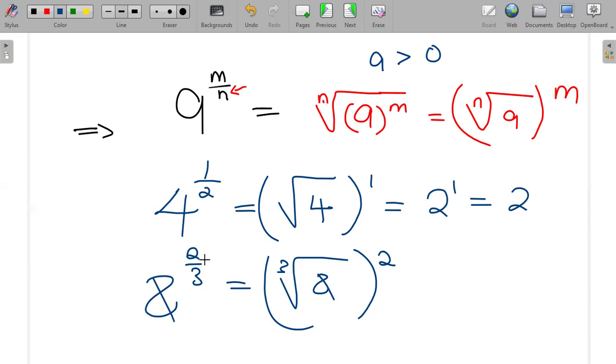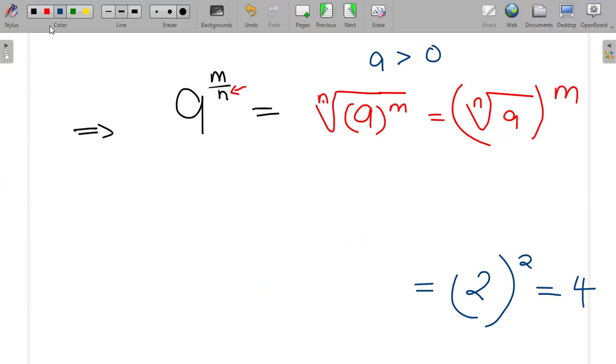The cube root simply means what number can I multiply by itself 3 times to get this 8? That number is just 2. That is the cube root of 8, and then to the power 2. So the answer here will just be 4. So that's how we use the power if it's actually a fraction.